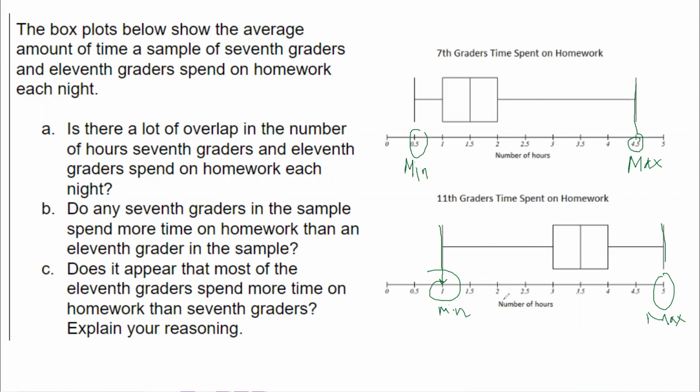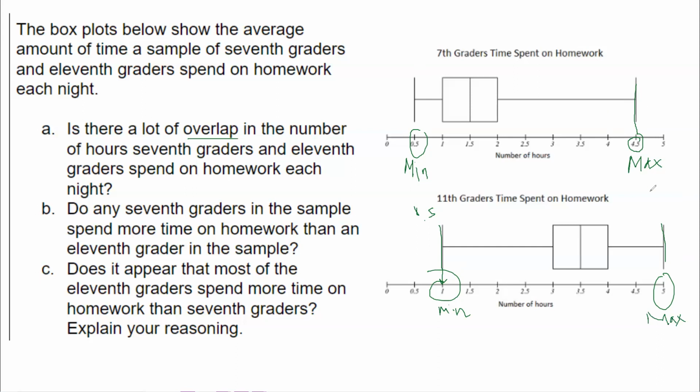So if we're looking for overlap in the number of hours we spend, this minimum is 1, this minimum is half. So there's only 0.5 difference right there. If we look at our maximums, this maximum for the 7th graders is at 4.5, where the maximum for 11th graders is at 5.